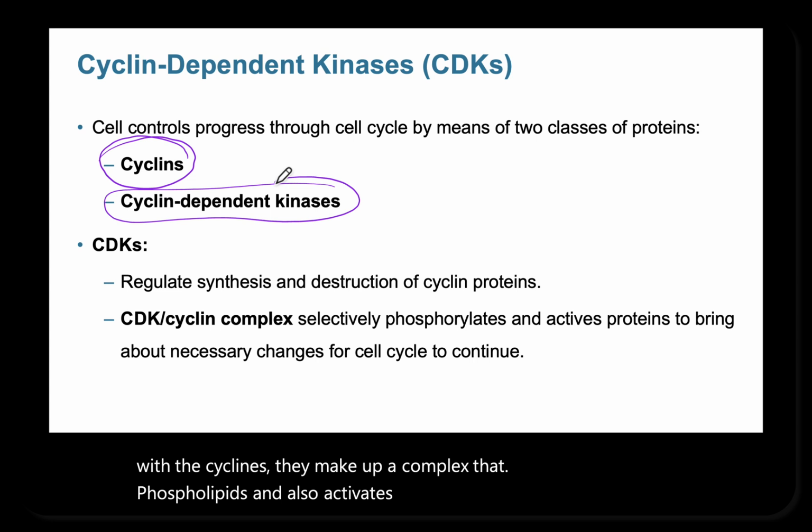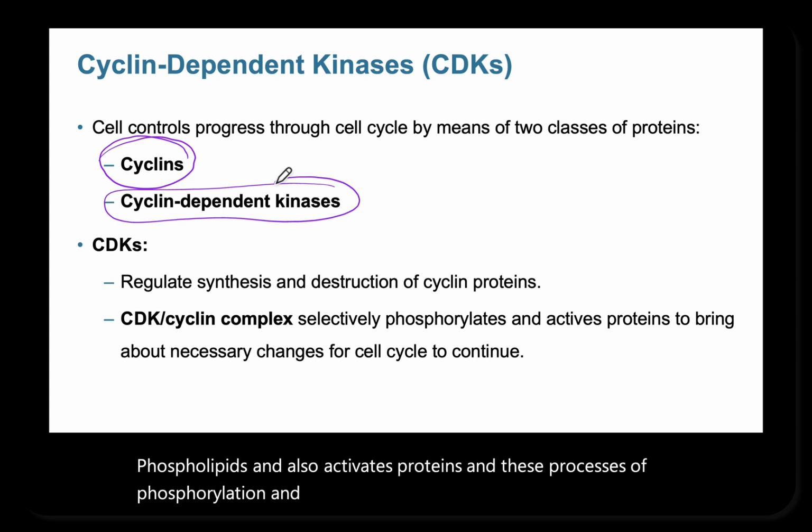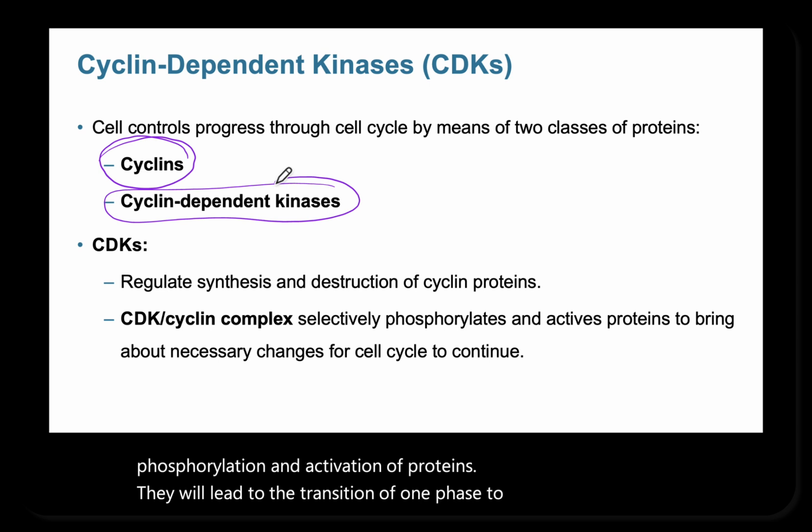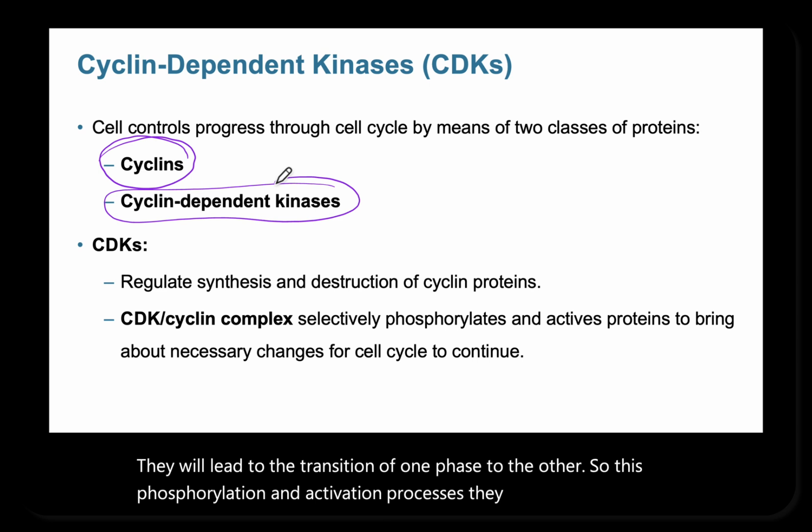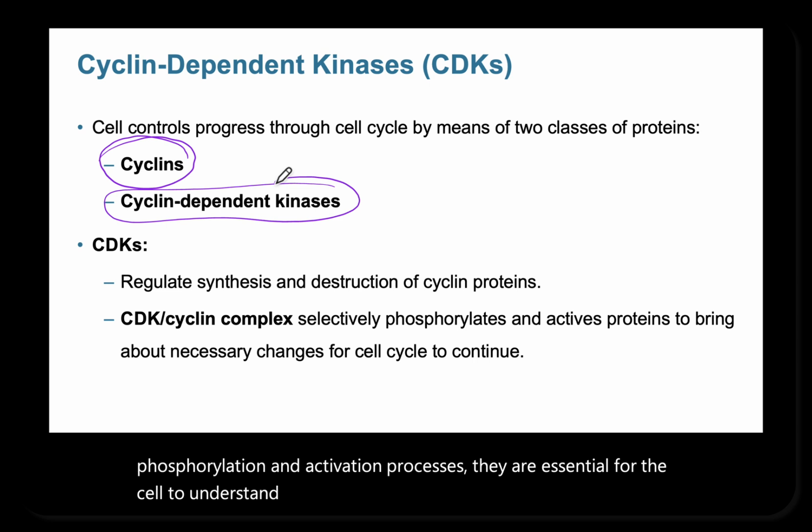And these processes of phosphorylation and activation of proteins will lead to the transition from one phase to the other. So these phosphorylation and activation processes are essential for the cell to understand that it has to continue throughout the cell cycle, okay?